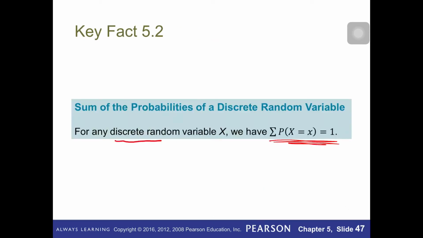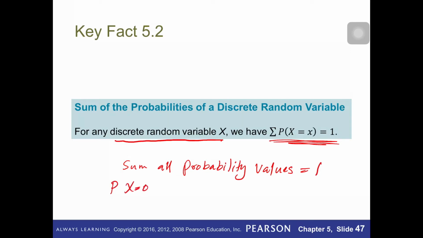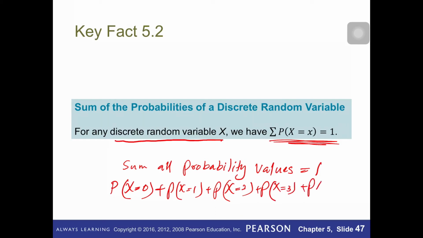For any discrete random variable x, the sum of all probability values equals 1. That is, probability of capital X equals 0 plus probability of capital X equals 1 plus probability of capital X equals 2 plus probability of capital X equals 3 plus probability of capital X equals 4 equals 1.